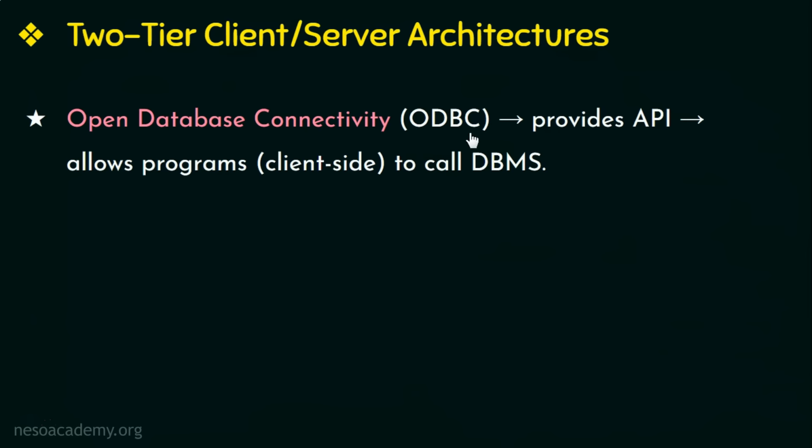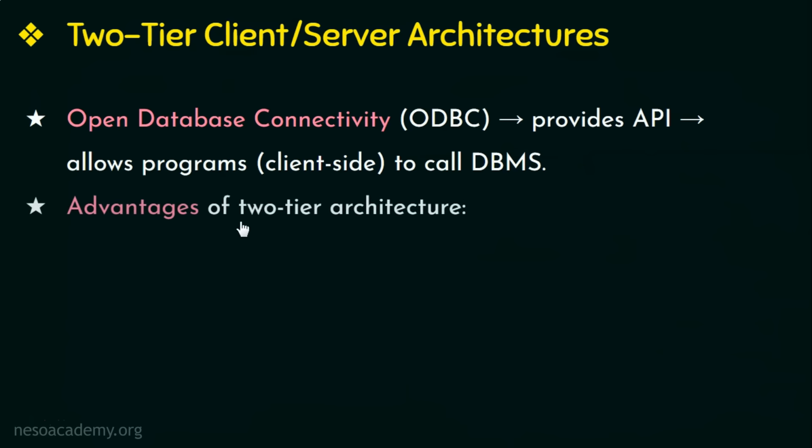So this ODBC API is used to establish a connection between the client and the server. Once the connection is established, the client program can communicate with the DBMS on the server side. A similar standard for the Java programming language is also defined, and it is called JDBC, that is Java Database Connectivity. And JDBC allows Java client programs to access the DBMS on the server side.